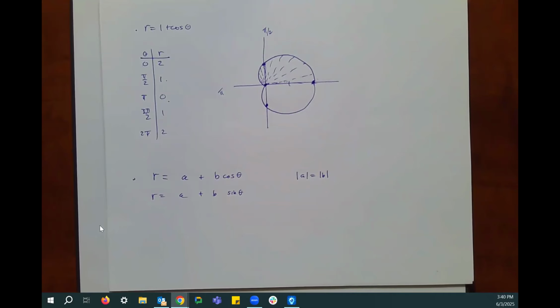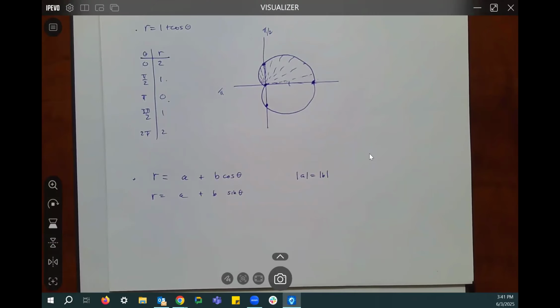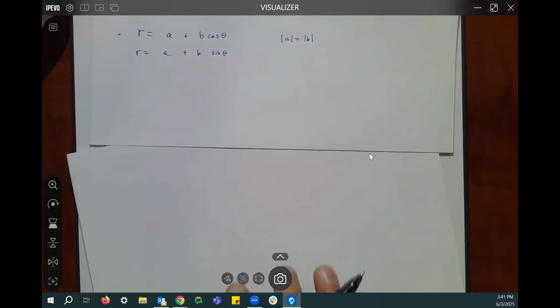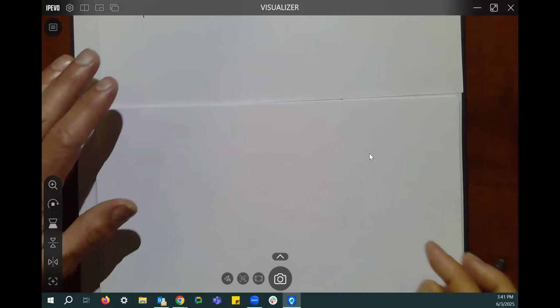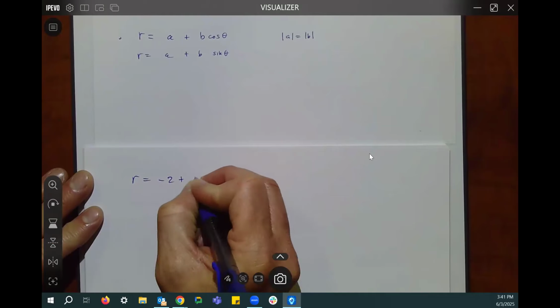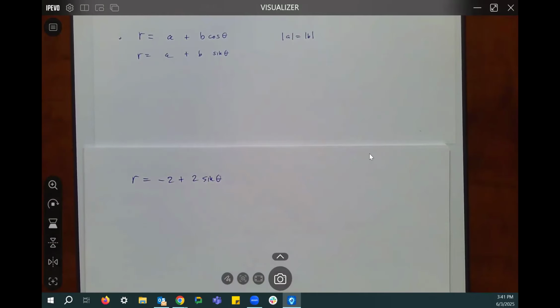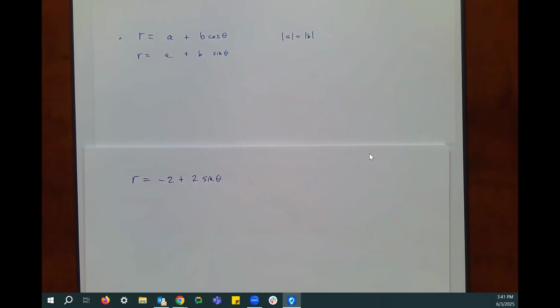So for example, let's just draw another one. Let's pick something more interesting, like r equal to -2 plus 2 sine theta. The only thing we have to determine as far as drawing this cardioid goes is which way it's pointing. It should have the same shape as the one we just drew, although dilated by a factor of 2.